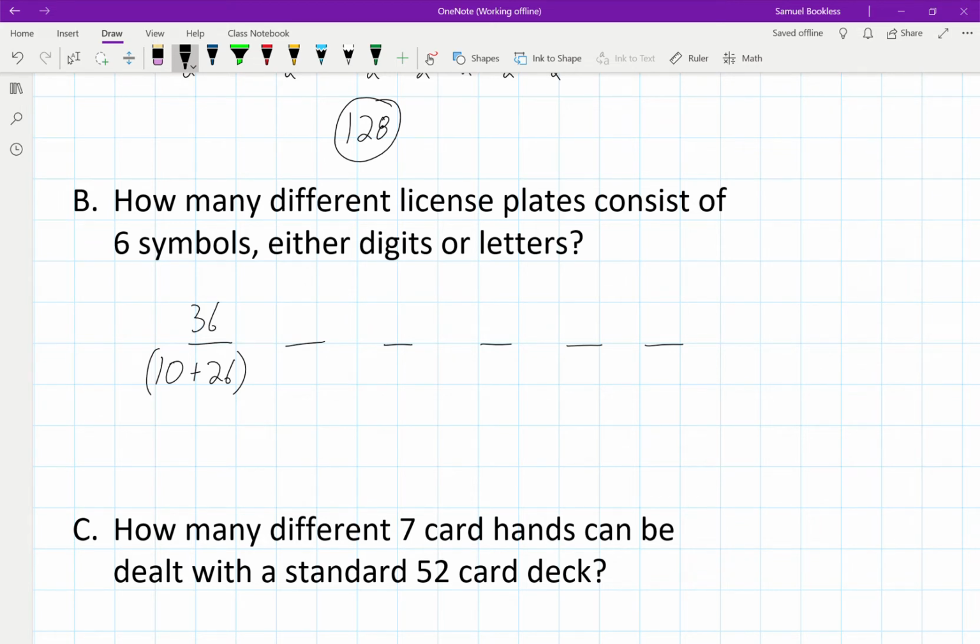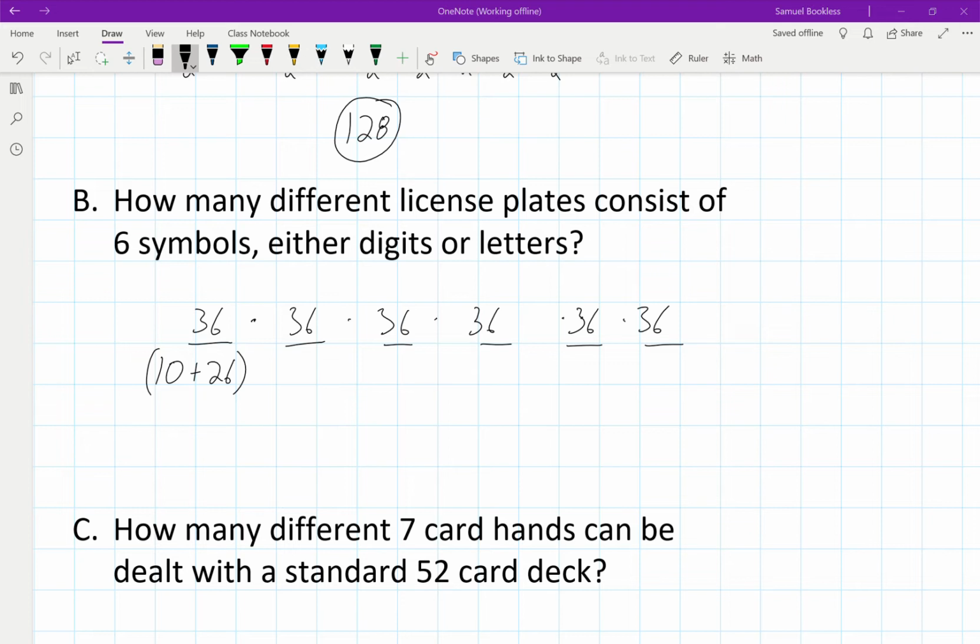So really, there's 36 different options. Again, I can think of this as, well, this is 36 and I am choosing 1. But we just talked about anytime that you're choosing 1, it's just going to be that original number. So I have 36 options, 36 options, 36, 36, 36, and 36.